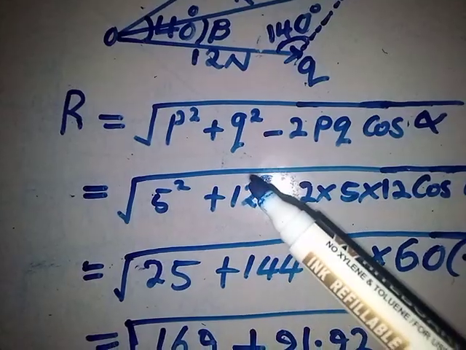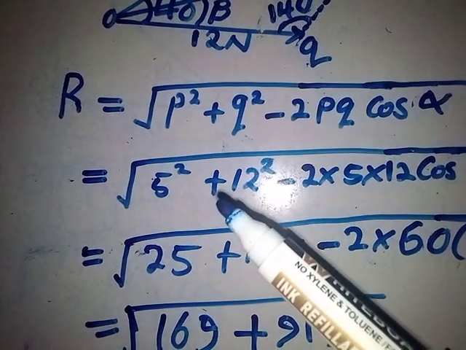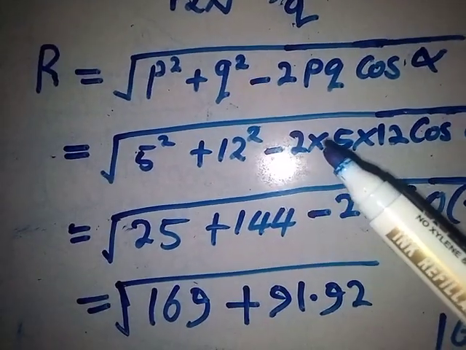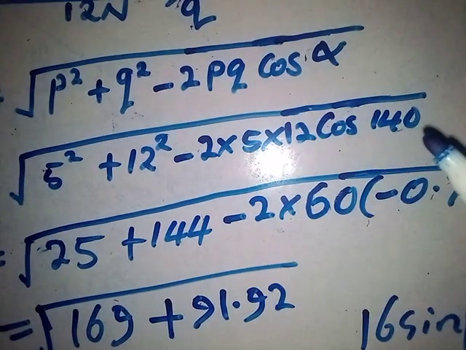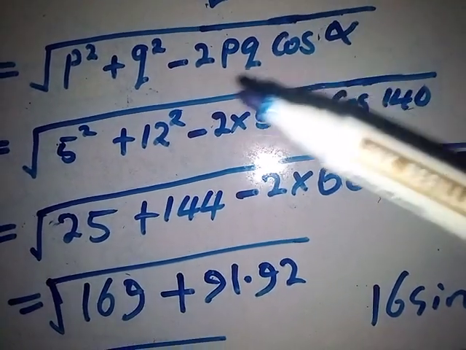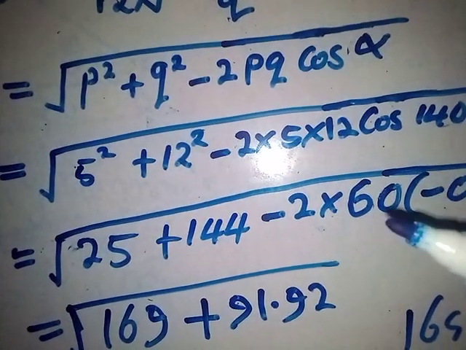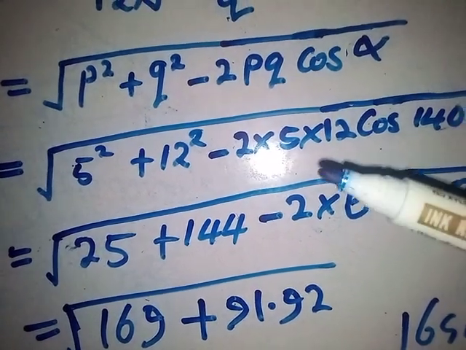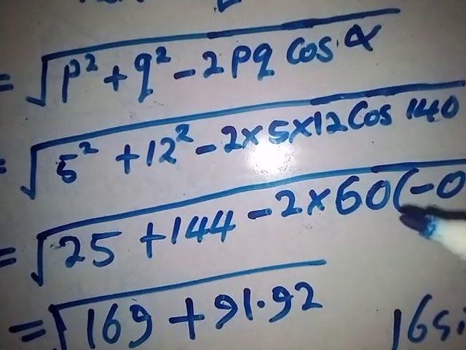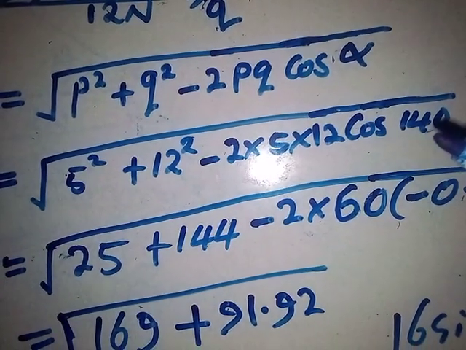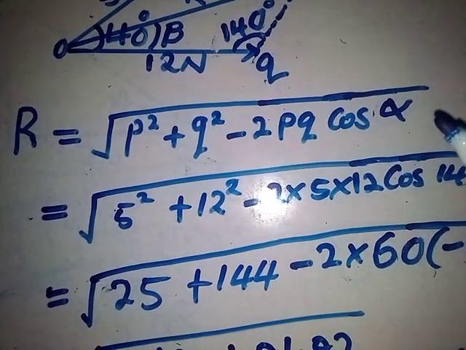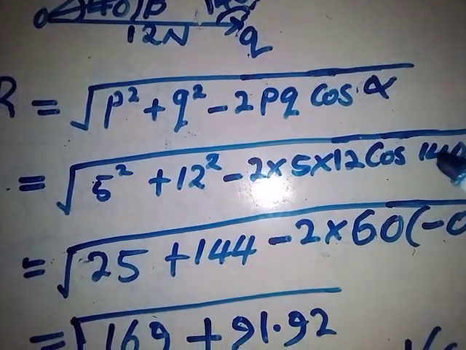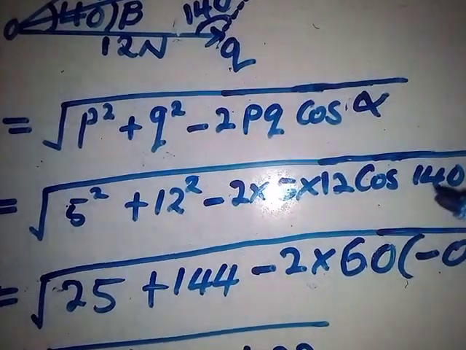So substituting the values, we have 5 squared plus 12 squared minus 2 times 5 times 12 cos 140, which is the supplement of 40. A supplement is an angle that, when added to a given angle, gives 180. So if we add 140 to 40 degrees, we arrive at 180 degrees. So it's the supplement you use in this place.